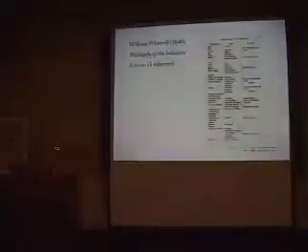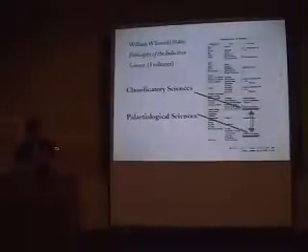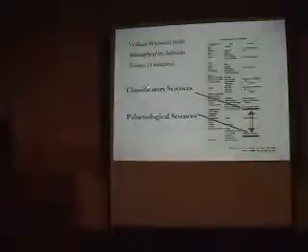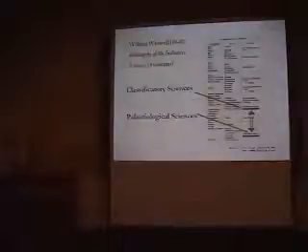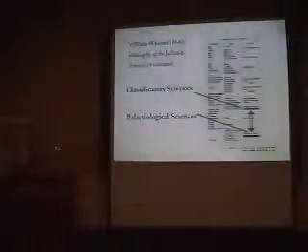About 150 years ago, the philosopher William Whewell, the famous philosopher in England, made a classification of sciences. In this classification list, he distinguished between classificatory science on the one hand, which is science for classifying objects according to its singularity.